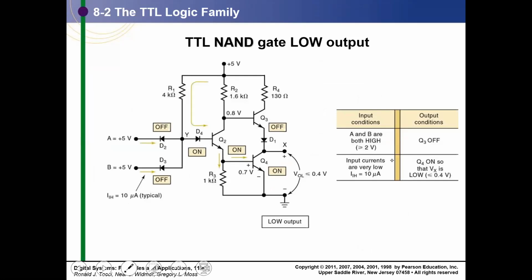So this is a bit of how it works. You can see when both the inputs are high, then this turns on, meaning this node is high, and this also turns this on. Now if this has turned on, the voltage drops here to 0.8 volt.